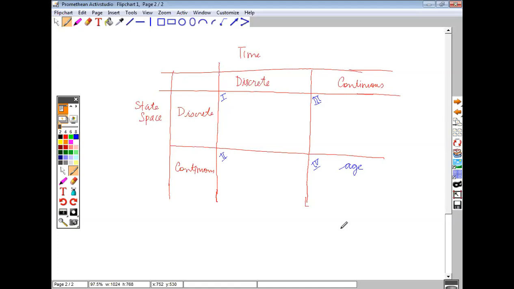Will heart rate be considered? Yes, you can, it's fine. Any more examples? Almost everything around you can be modeled as a stochastic process in either of these 4 categories. So I guess there should be no dearth of examples that you guys can come up with.